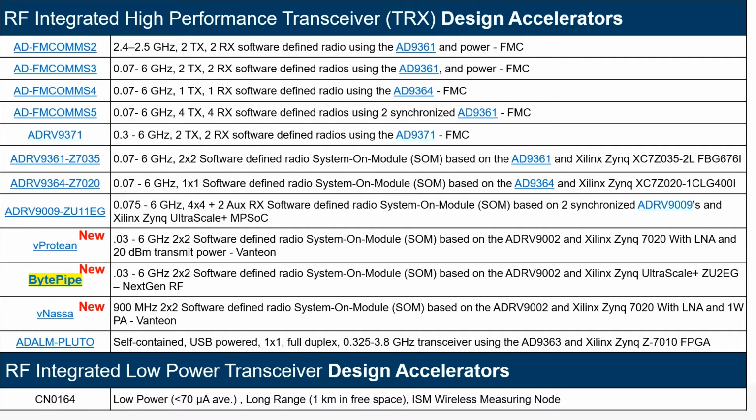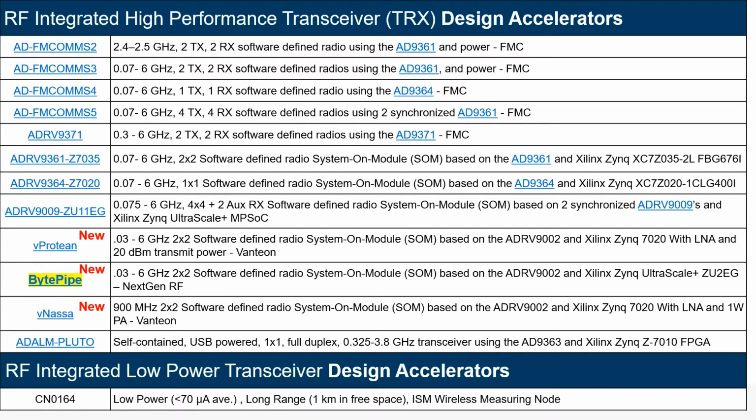The first category I list are platforms focused on highly integrated transceivers. These are based on ADI's high-performance, highly integrated transceivers and cover a wide RF frequency range. Some of them are in a very small SOM form factor and include the transceiver and a set FPGA.